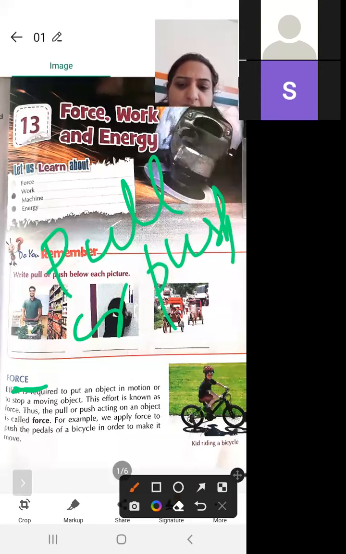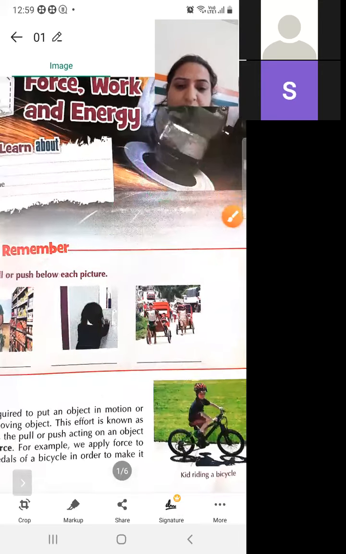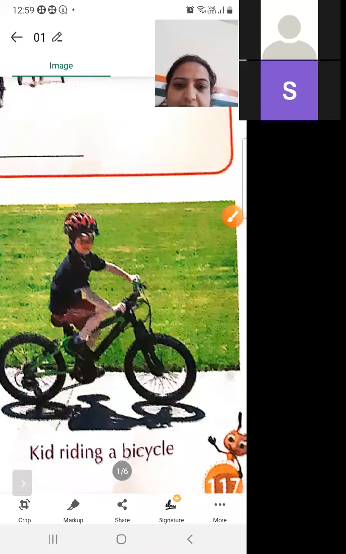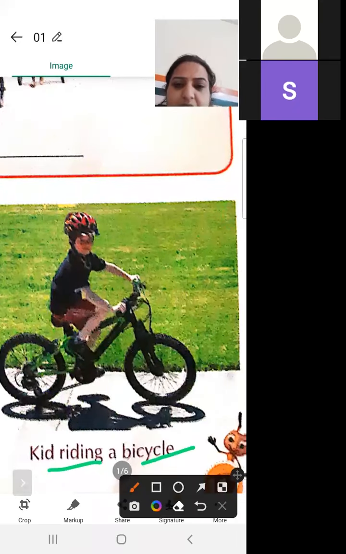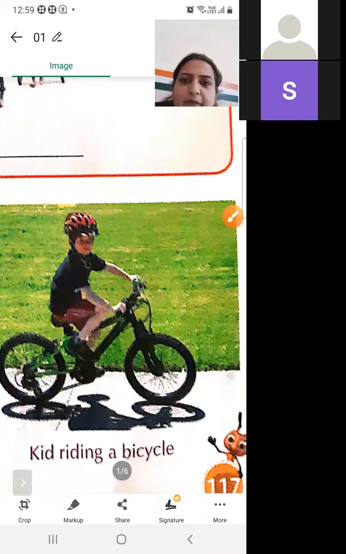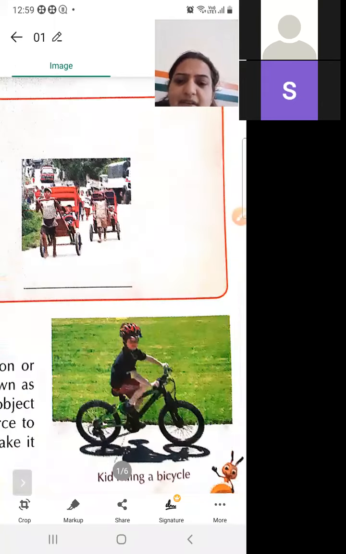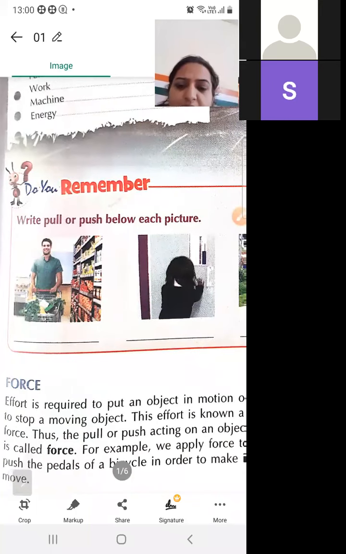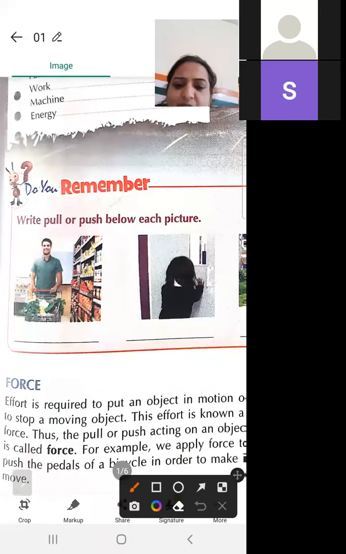Suppose this kid is riding a bicycle, which requires effort. Effort is force. To ride this bicycle, what do we need? Force. A pull or push is called force.